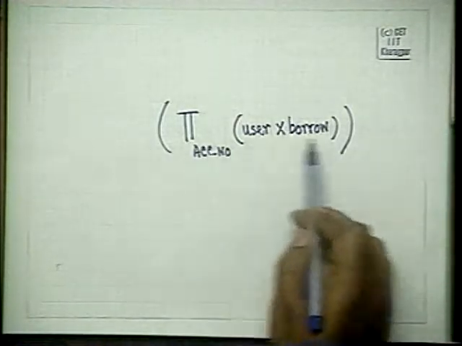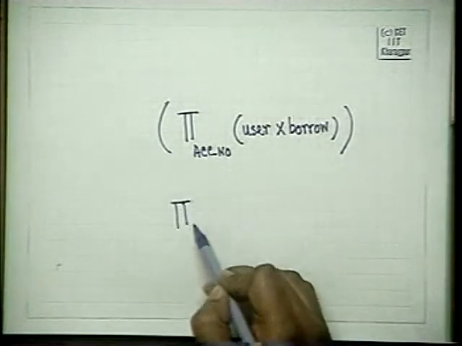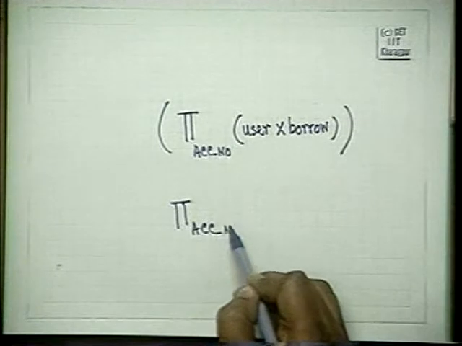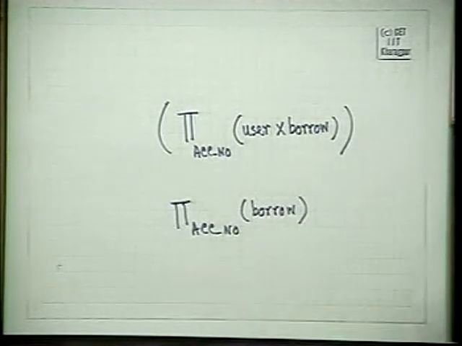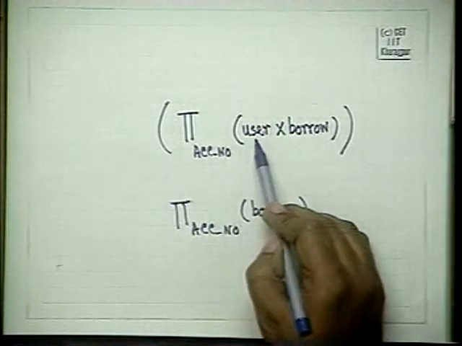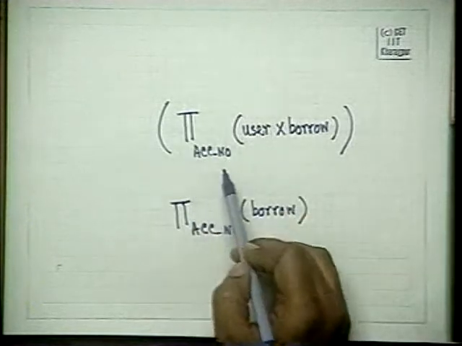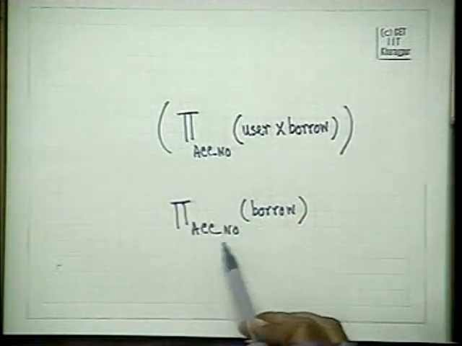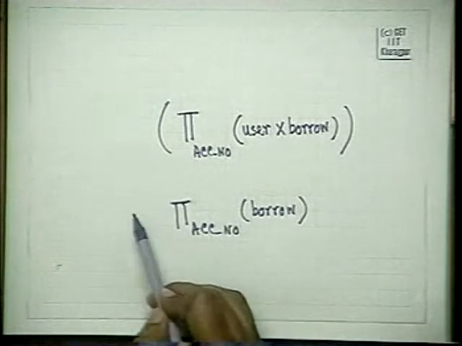This, whatever we have here, is identical to borrow projected, because user has got no accession number as attribute. Therefore, if you project out accession number from user cross borrow, and if you project out accession number from borrow, whatever you get is identical.